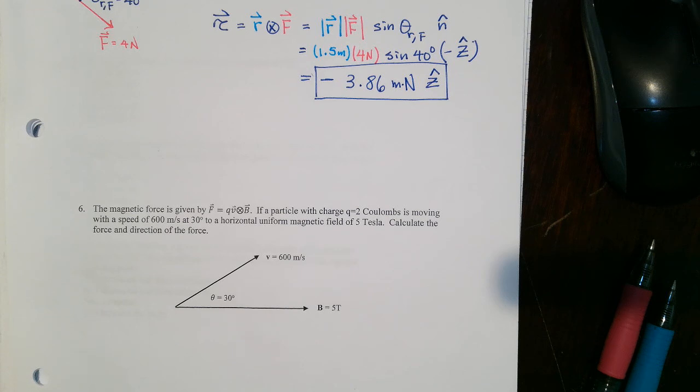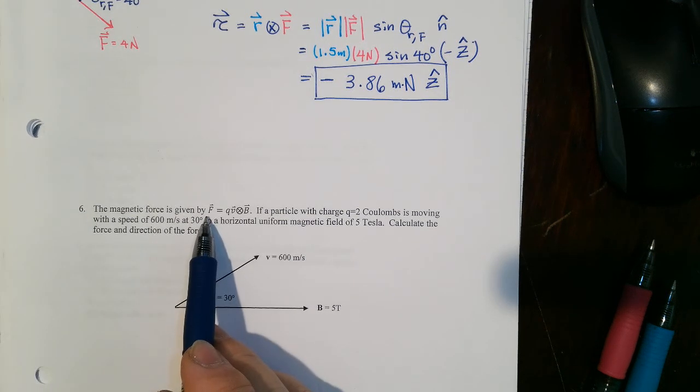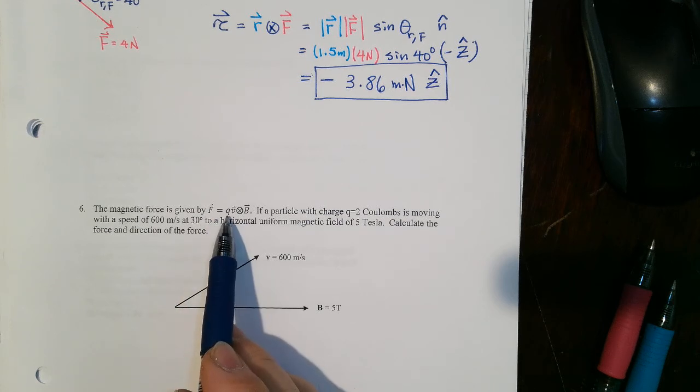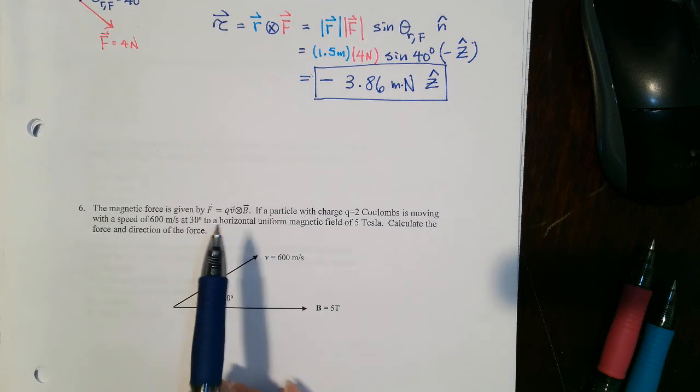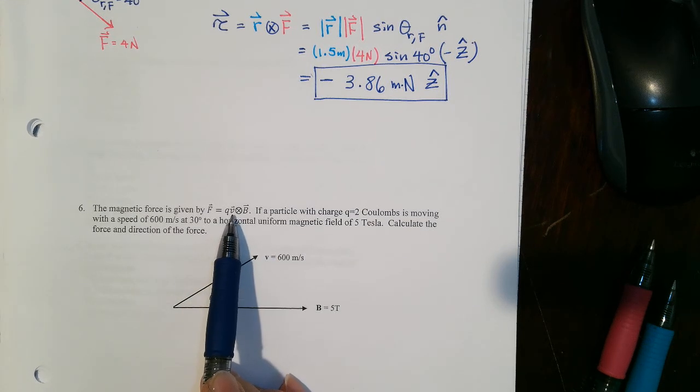Six. The magnetic force is given by F equals QV cross B. Now, Q is just a scalar quantity of how much charge this particle possesses. V is the velocity of that charged particle.